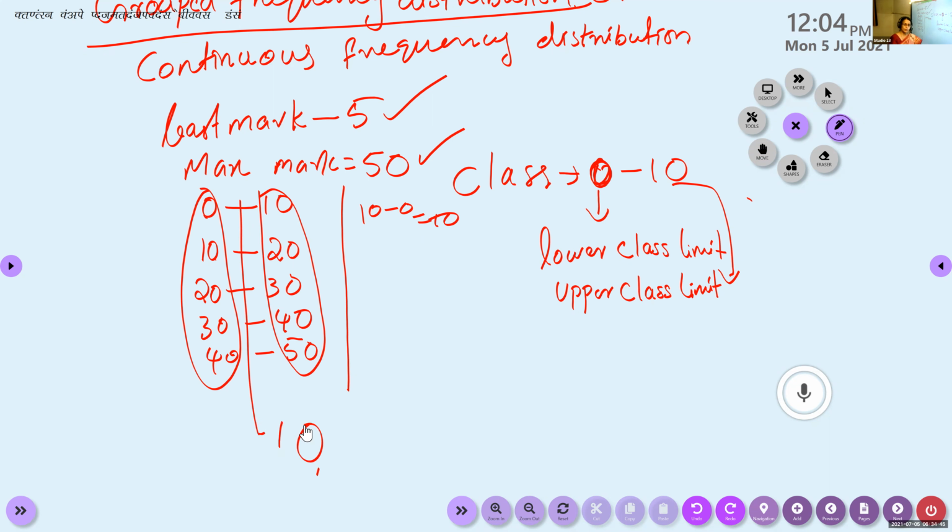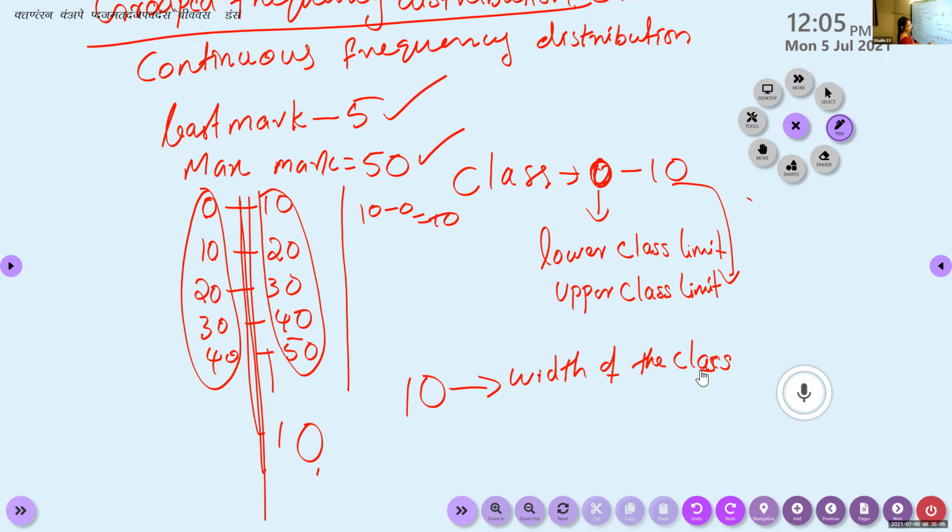And this is known as the width of the class, or we can call it the size of the class.